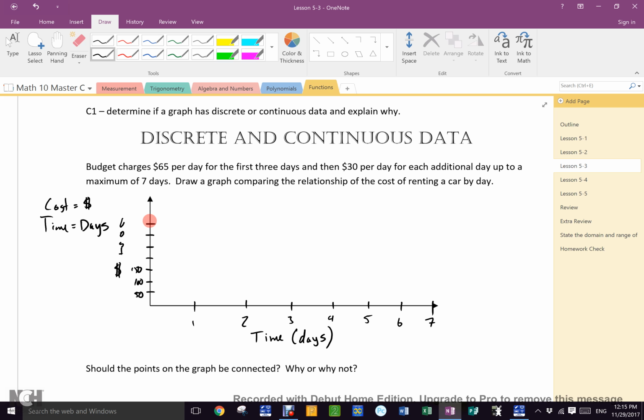Excellent. Okay. What would our first possible input be? What is the smallest amount of time I can rent a car? 1 day. Am I renting a car right now? So what is the smallest amount I could rent a car? 0, because I did not go out to rent a car, did I? I've sat right here. I'm not the Flash.